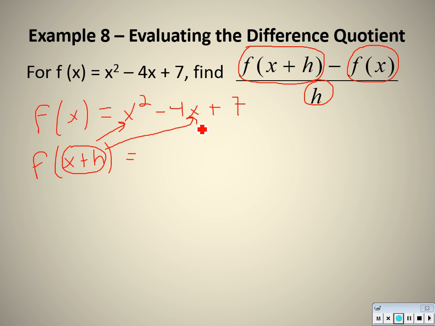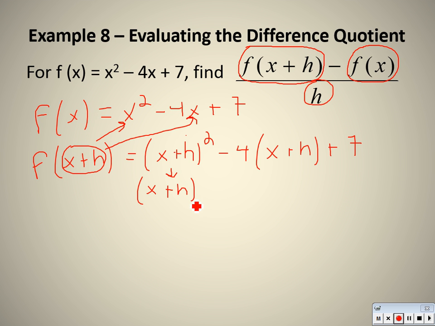So instead of saying x squared, I'm going to say x plus h squared. Got some FOILing I'm going to need to do there. Minus 4 times x plus h plus 7. So with this right here, this is going to be x plus h times x plus h. Let me deal with this first.